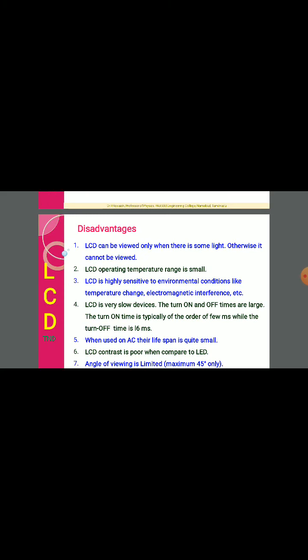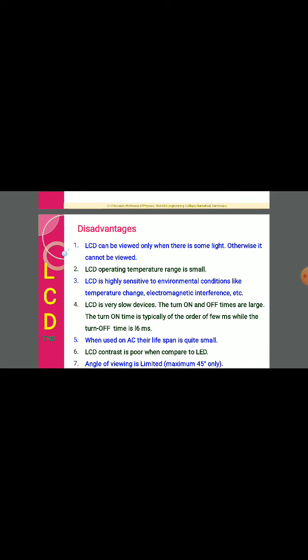Similarly, there are some disadvantages also. An LCD can be viewed only when there is some light, otherwise it cannot be viewed. The LCD operating temperature range is very small, and it cannot be operated at high temperatures.